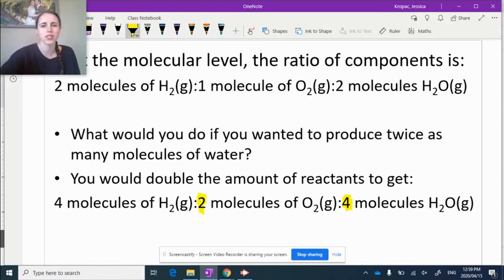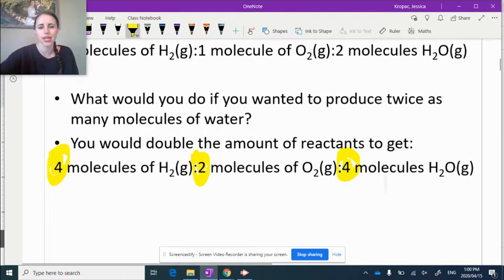And rather than having 2 hydrogens, I would have 4. So the idea of this ratio, and we actually call this a fixed ratio, is if I want to double one component, I doubled water in this case, I have to double all the other components as well too. So those numbers in your balanced chemical reactions actually are what's setting your ratio.